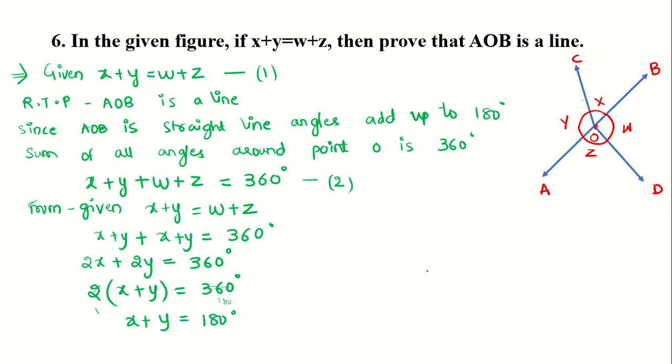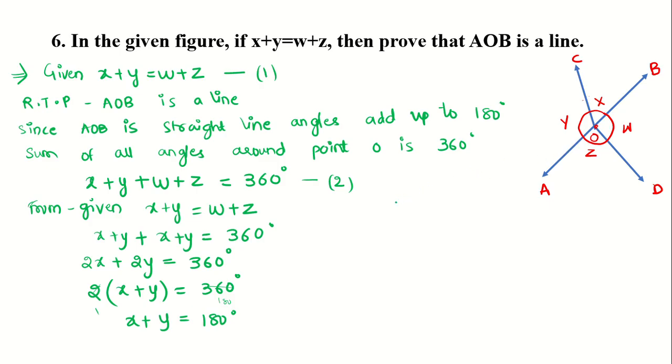Okay. Now as you can see here, angles X and Y are adjacent in this given figure. X and Y are adjacent to each other as they are side by side and they are on a line AB. So they sum up to 180 degrees and they form a linear pair.